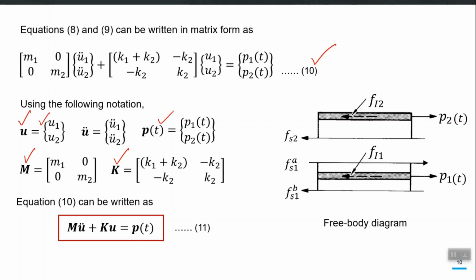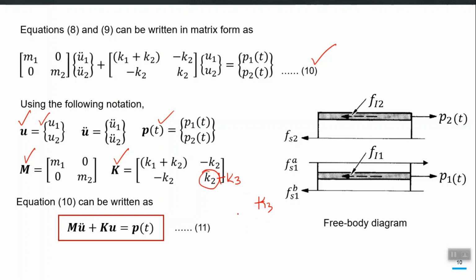K matrix also has a pattern, and that pattern is that the first story is connected to the second story. If I start from the bottom, we should have K1 plus K2 and then minus K2, and then this is the second story. If the second story was connected to a third story, you have a 3-story building, there should be a plus K3 and then this should be K3, right.